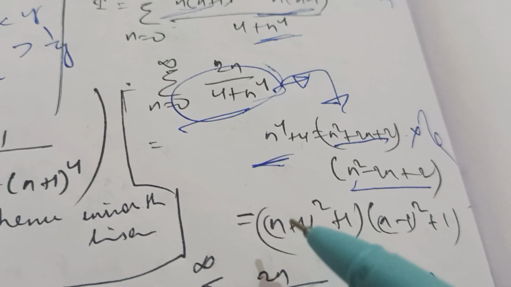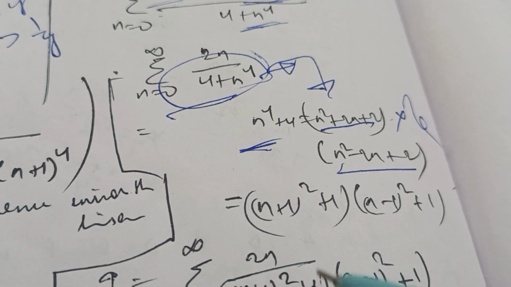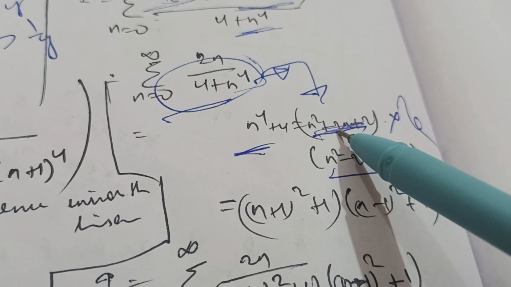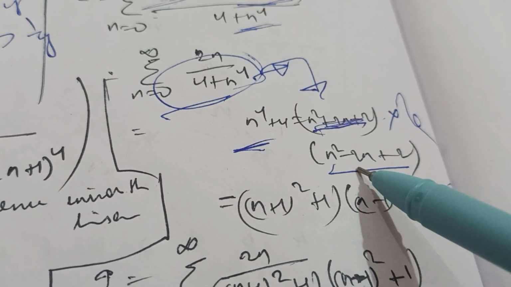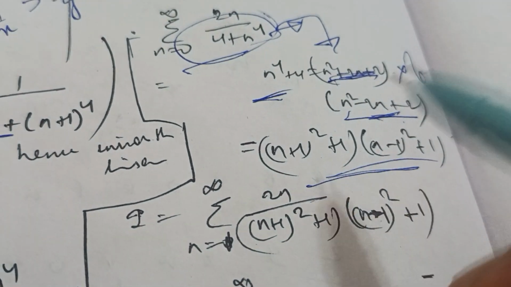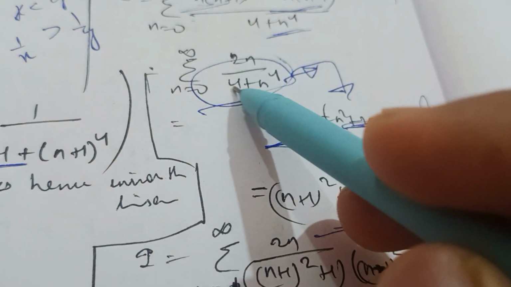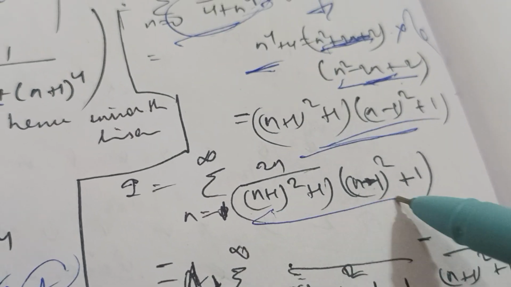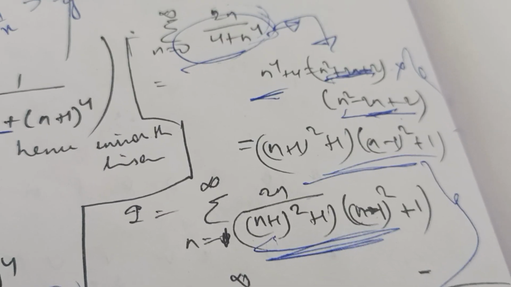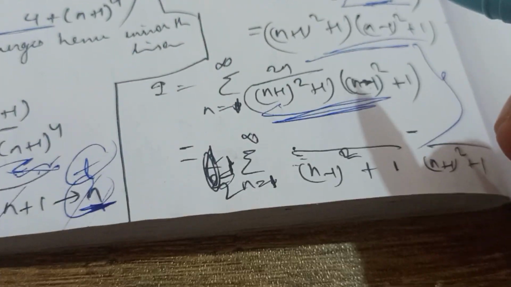Okay, now after this is reduced, this can also be written as (n plus 1) whole square plus 1 times (n minus 1) whole square plus 1. So I have written it here. Now this denominator, 4 plus n to the power 4, is reduced to this, and this is the standard case of using the partial fraction technique, where I divide it and try to cancel out some terms.